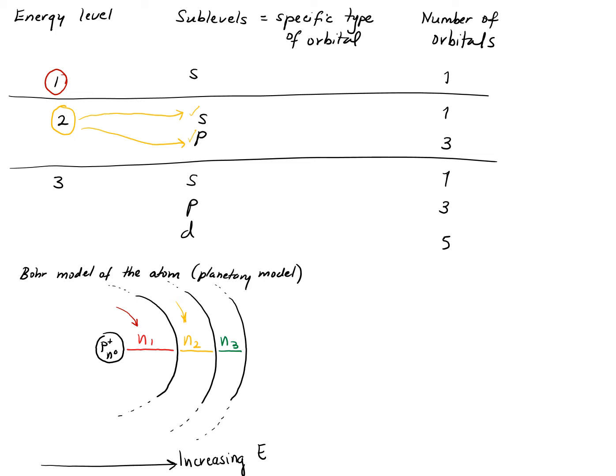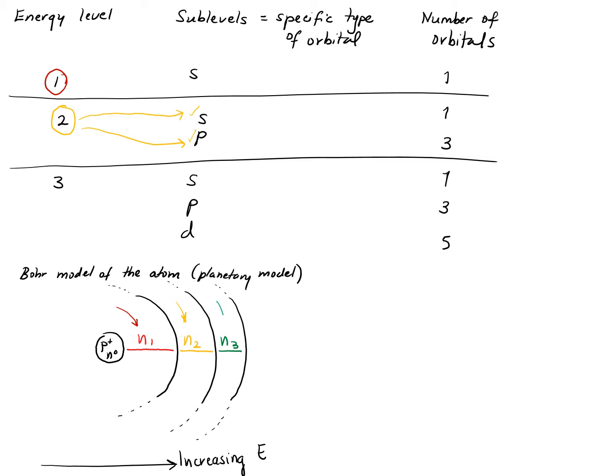For s orbitals, we always have one of them. So we have one s orbital in the first energy level, and now we have an s orbital on the second energy level. For the p orbitals, that specific type of orbital, we always have three of them. So on the second energy level, we have one s orbital, and then we have three p orbitals.